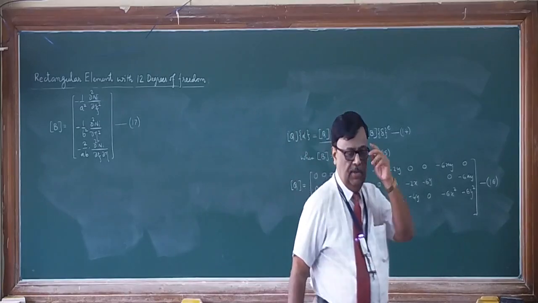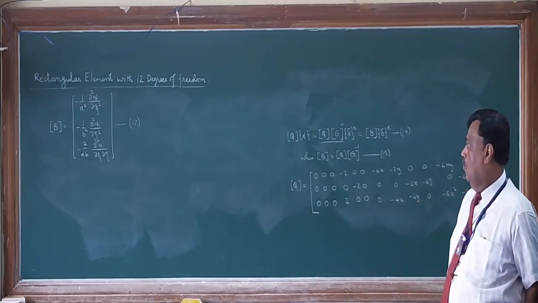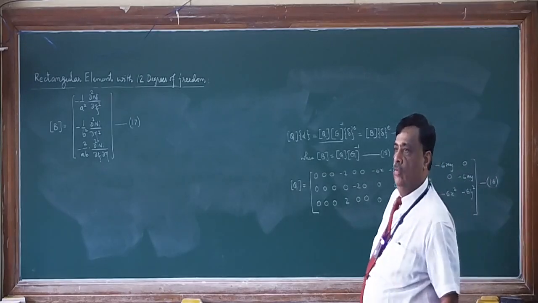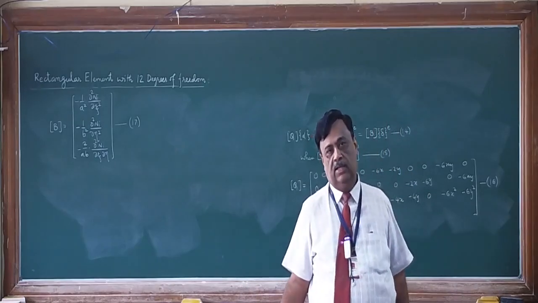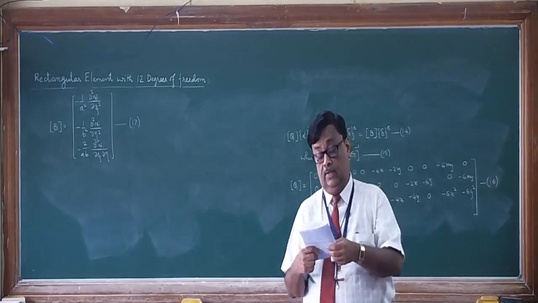Because we have the steps, like for example, we start with the deflection, then we write about the strain components, and strain component is expressed as B into Q, where we write the B matrix first, and now we enter into how to find out the element stiffness matrix.